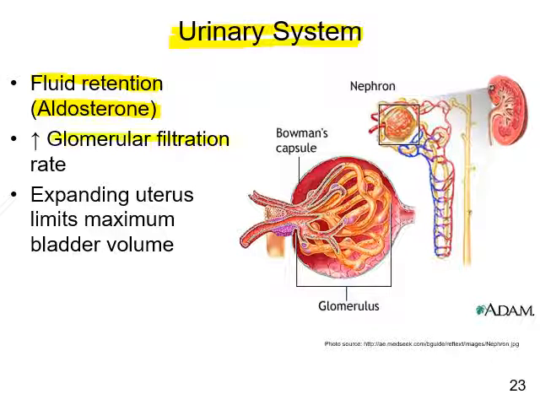The filtration rate by the kidney, this is a concept covered in AMP2, increases, and so the retention of fluid increases and the filtration of fluid increases. The expanding uterus and the fetus also press against the bladder and reduce its ability to store urine. And so pregnant women often have to void urine more frequently than they were used to before pregnancy.